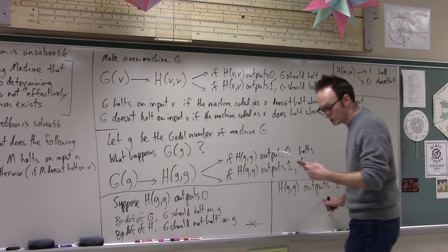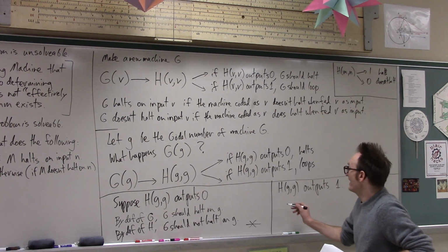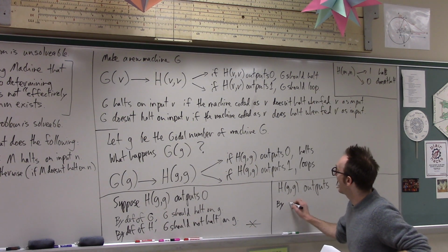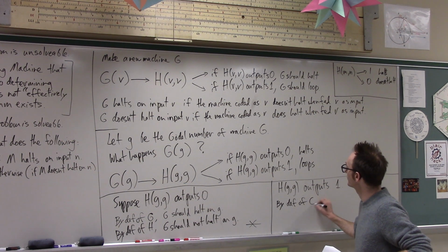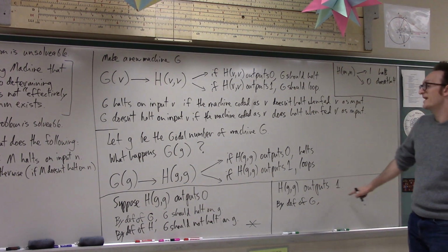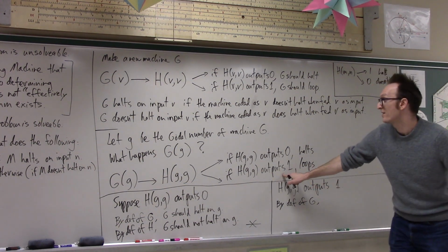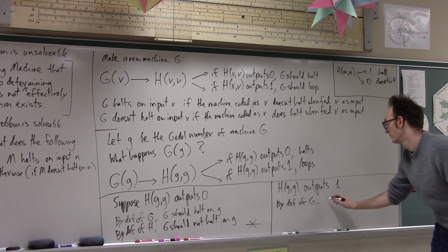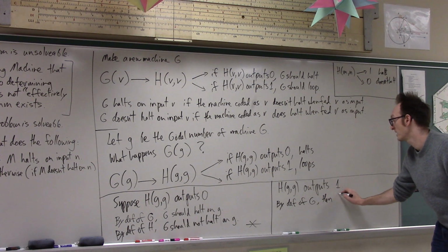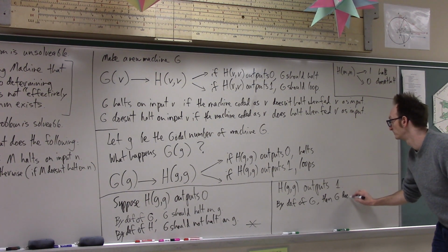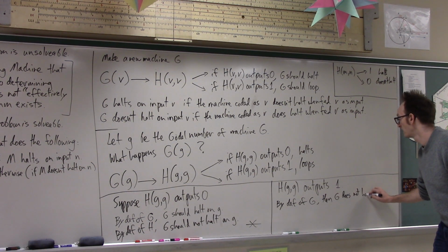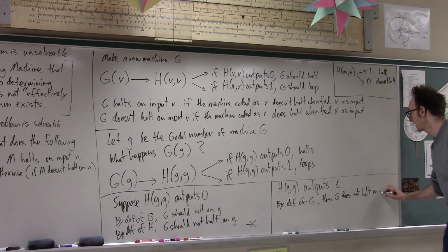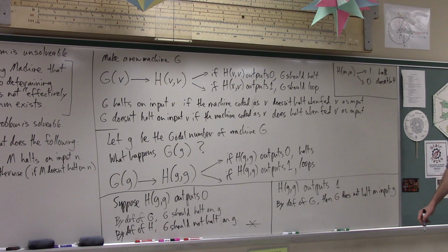Well, what if HGG outputs 1? Then again, by the definition of G, if HGG outputs 1, then G does not halt on input G. That's how we constructed the G machine.